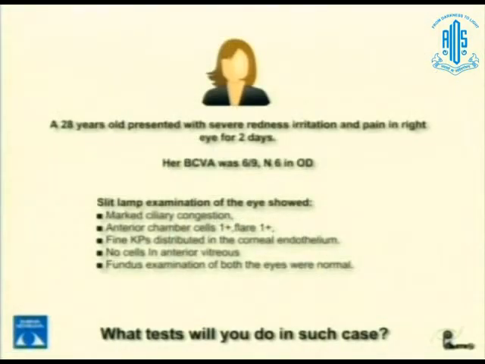So it's very important. Similarly, a 28-year-old female has come to your OPD with mild diminution of vision. It's a case of non-granulomatous uveitis, with no history of prior attack or severe inflammation. What test will you do?